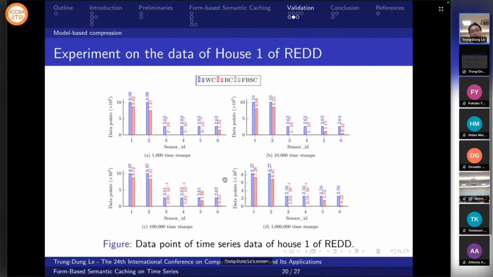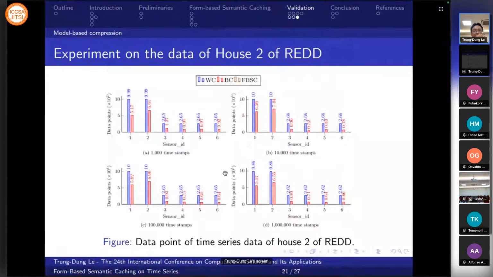In house 1, we have four cases: 100 timestamps, 1,000 timestamps, 10,000 timestamps, and a million timestamps. You can see that the data points with our methods are very small when compared to the original data points.